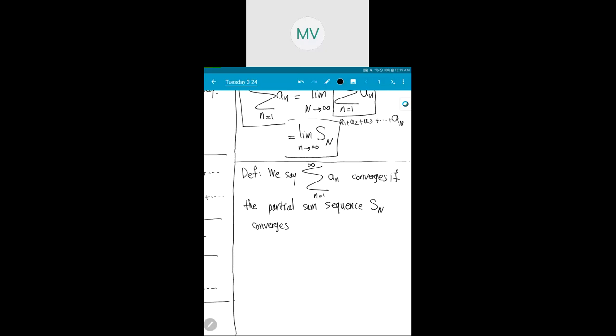And it diverges, same thing, if that partial sum sequence diverges.